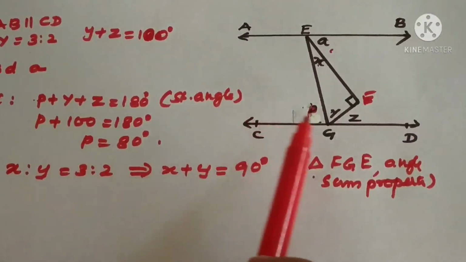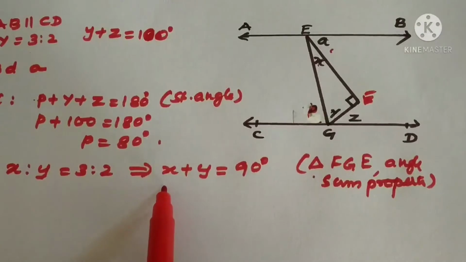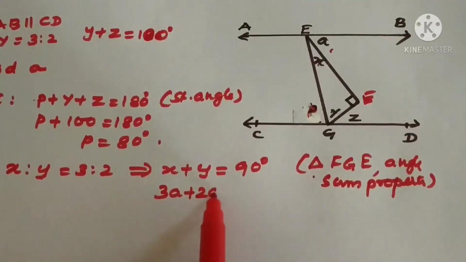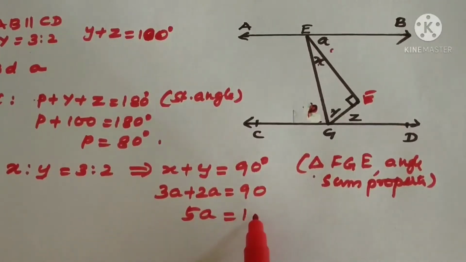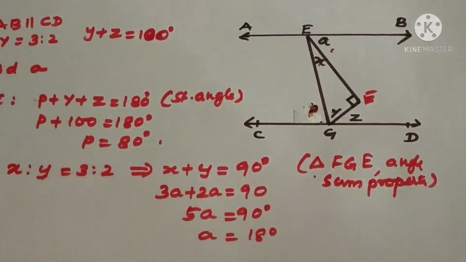Already it is in the ratio 3:2, so we take the common letter a: 3a plus 2a equals 90. So 5a equals 90. a equals 18 degrees. This a is the common ratio only, not this A.